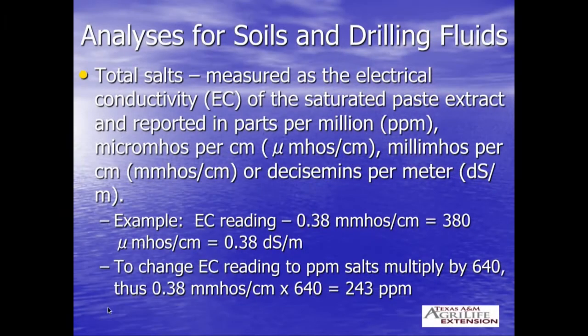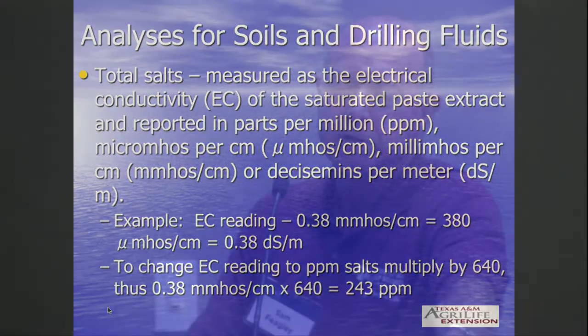Well, that 4,000, if I put it in these same units, would be 4, so that you know what units are going on here. So we take that, multiply it by 640, and it gives us an estimation of the amount of salts out there in parts per million. You can take parts per million in most things, and you can multiply it by 2, and that gives you pounds per acre. Any questions on that?